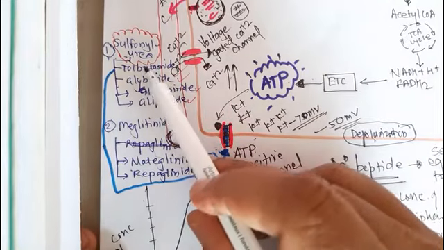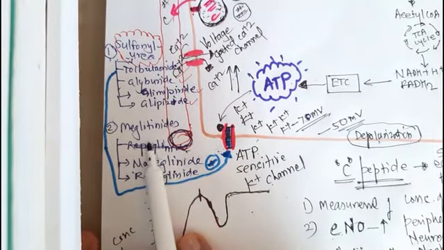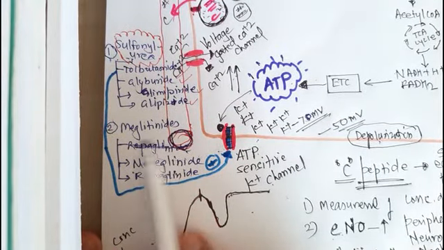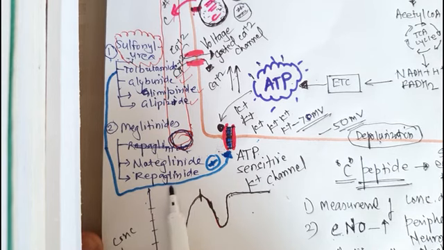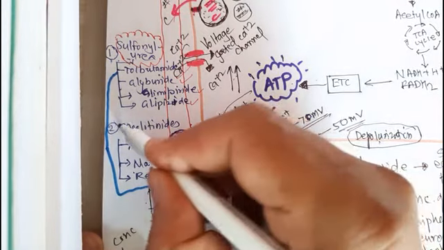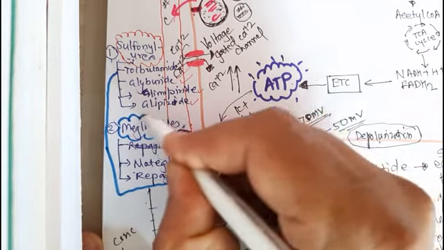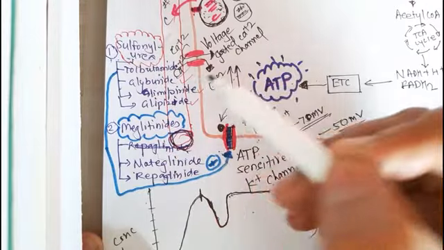So the sulfonylurea group and the meglitinide group. The meglitinide group includes nateglinide and repaglinide. These two drugs are under the meglitinide group, and the others are the sulfonylurea group.